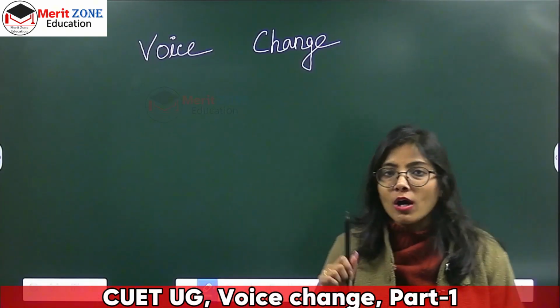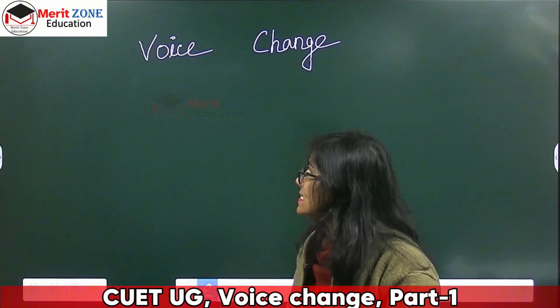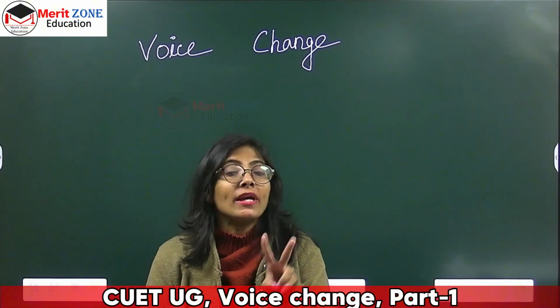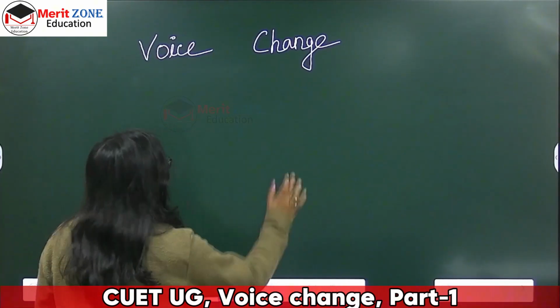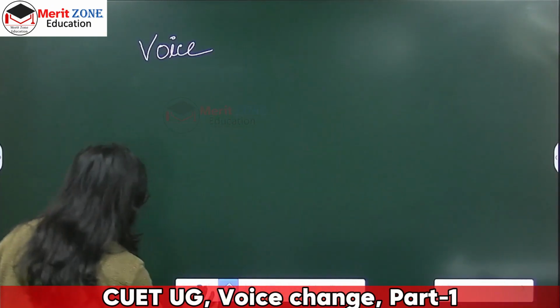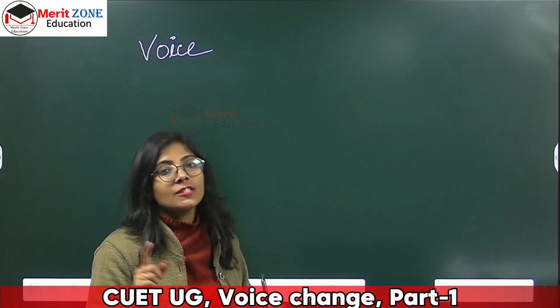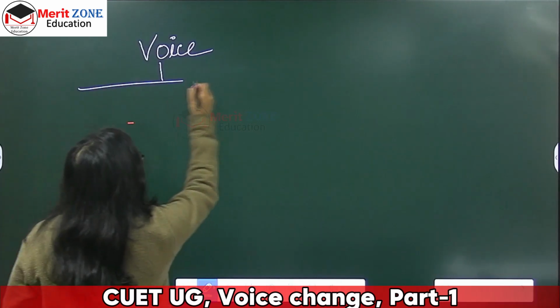Now when we talk about that, there are certain rules that we need to follow. But let's see, there are two types of voice that we follow in English grammar. Now what are those? Now voice is mainly of two types, that's active voice and passive voice. So let me write it down on the board, right?